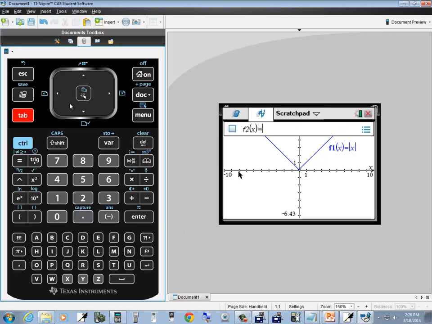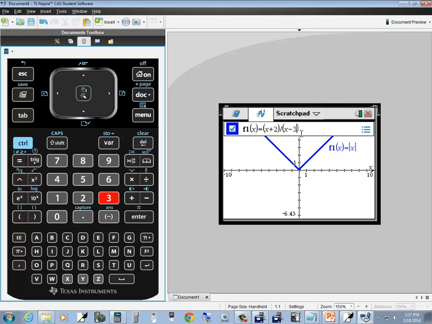So I press tab to go back here, up arrow, control delete to clean that entire line out. I'll do beginning parentheses, and then x plus 2. Now notice when I put the beginning parentheses, it went ahead and put the closing parentheses for us. To get out of the closing parentheses, I'm going to press my right arrow key, divided by beginning parentheses, and x minus 3.